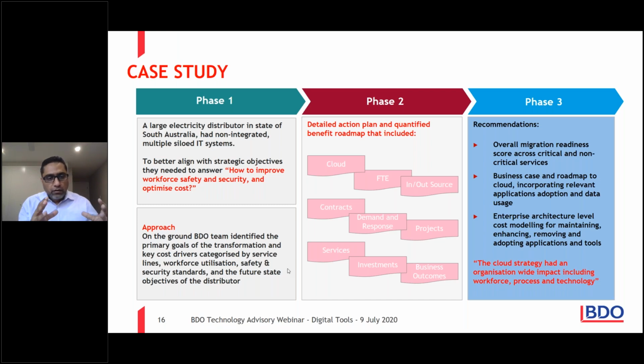And then from there, it started looking at what are the different options that are available to them. So again, this goes back to the concept of not only looking at what your current needs are, but looking at what your overall goals are, and then trying to unpack that in terms of what is going to deliver both the operational as well as the cost objectives that you're looking at.